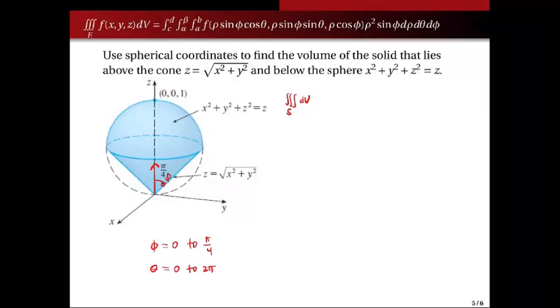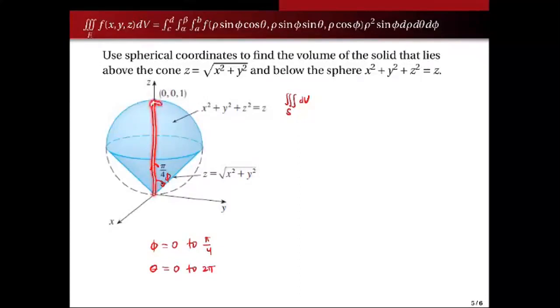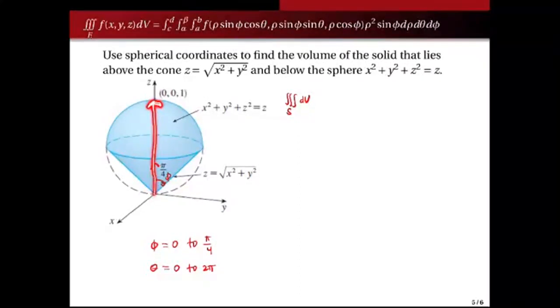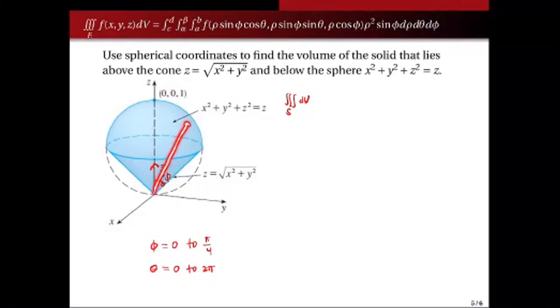On the other hand, what about our rho? Of course, our rho will run from where up to where. So you will have this part here. This is the lowest point. The highest point will be the roof. And that's your sphere. So we need to convert this sphere here.